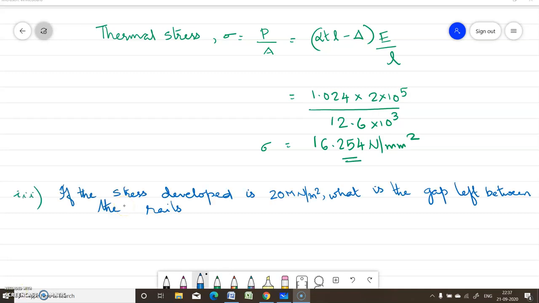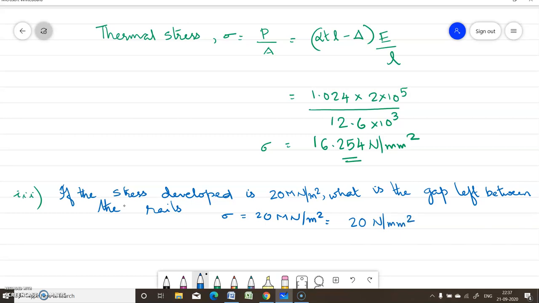Now the last part of the question is, if the stress developed is 20 meganewton per meter square, what is the gap left between the rails? So the temperature stress developed sigma is given as 20 meganewton per meter square, which is equal to 20 Newton per millimeter square.